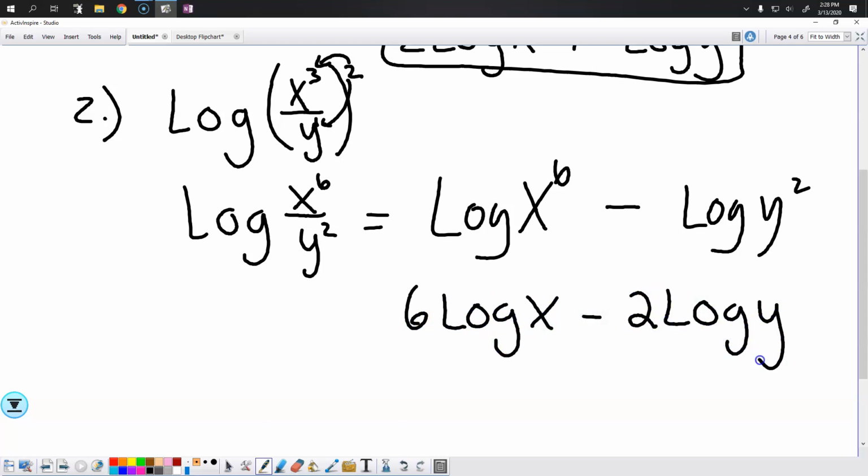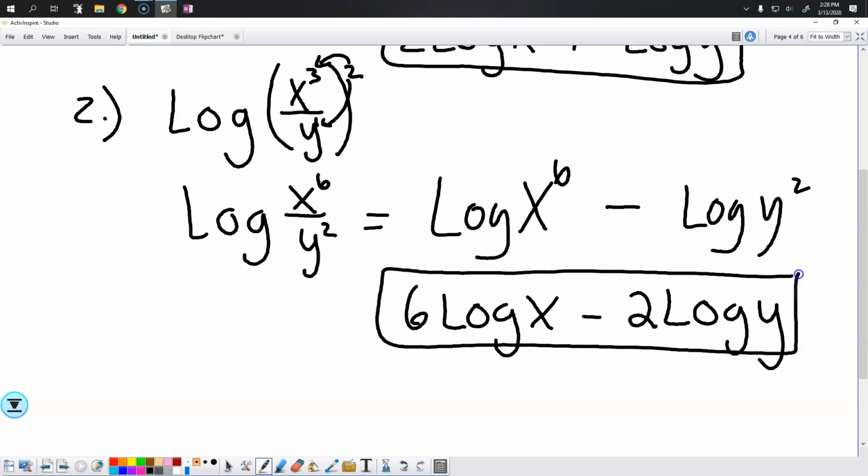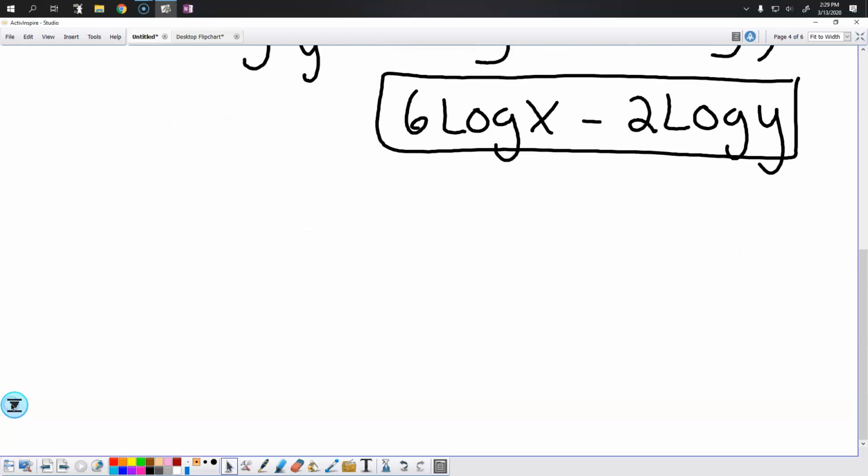Any questions about this one before we move on to one more type of problem here? Okay. Let's take a look at a third problem. I'll probably make this my last one here. Number 3.